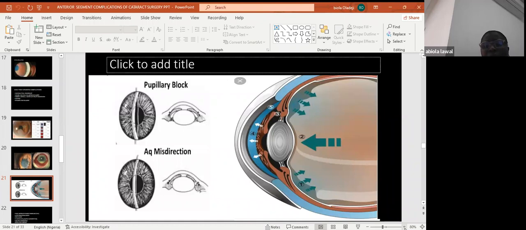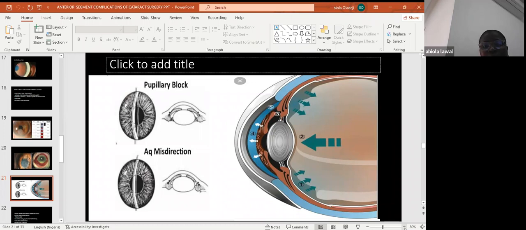And when it happens, there's usually anterior bulging of the iris. You can have iris bombe, and it blocks the anterior chamber angle. There's raised intraocular pressure, and this can be relieved with a PI. And usually when you put an anterior chamber intraocular lens, there should be a PI.